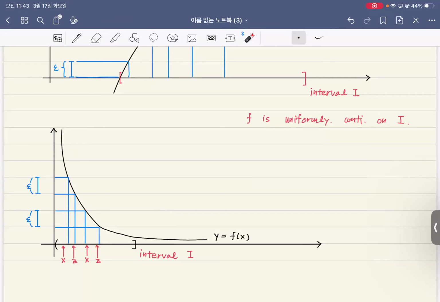So therefore, this X and Z, even though they differ by less than delta, their function values differ by even greater than this epsilon, right? So it looks like maybe if I choose the length of this line segment to be my new delta, then maybe that would be good. But no, it isn't. Because let me magnify a little bit more.